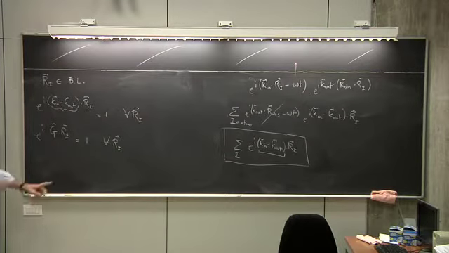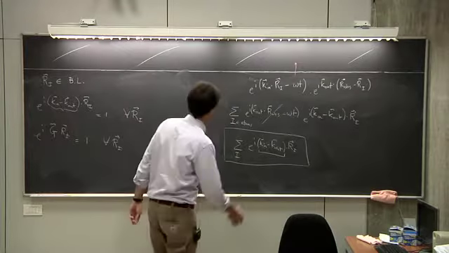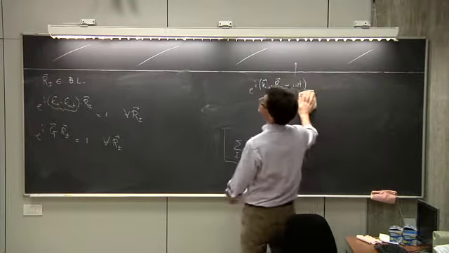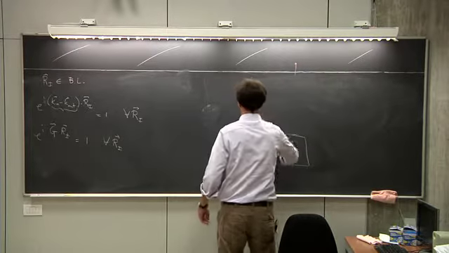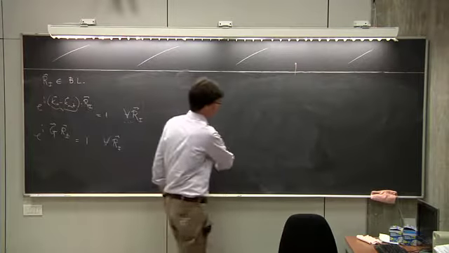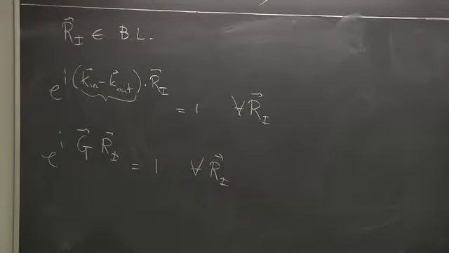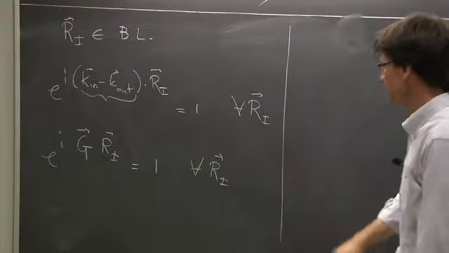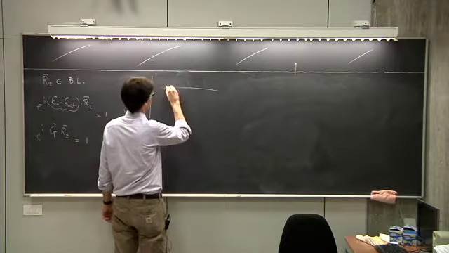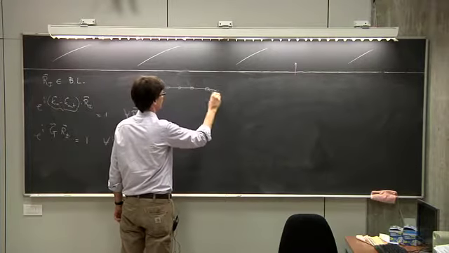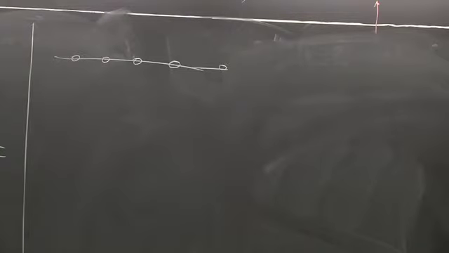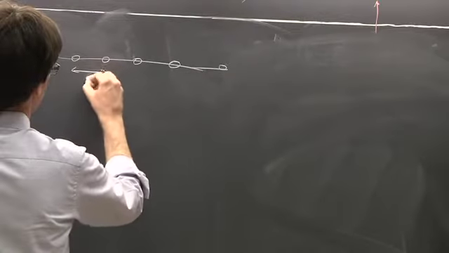Now, let me do this in 1 dimension first. And I'll stop in a couple of minutes. Let me do this in 1 dimension, which is much simpler. So in 1 dimension, I have my points here. They are spaced at the distance a.